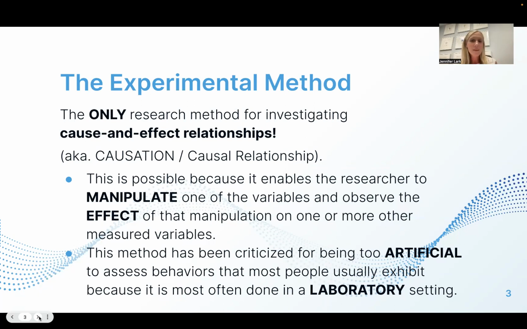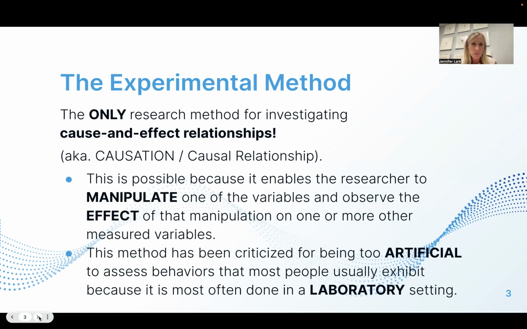Okay, and this is possible because the true experiment enables the researcher to manipulate one variable in question and observe the effect of that manipulation on one or more other variables while controlling for every other possible thing that could impact the results that we're looking for. So we say we isolate the effect of one variable on another, and that's why we're allowed to claim that one does in fact cause a change in the other.